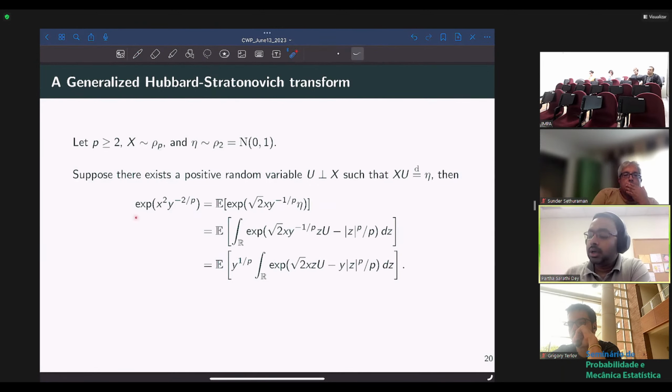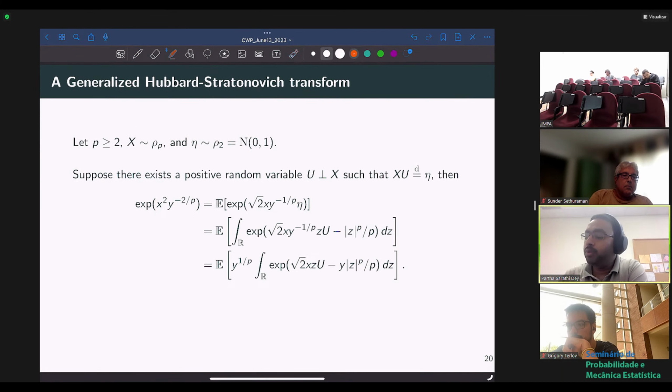So how do I simplify this? Here we are trying to linearize this quantity, e to the power x squared over y to the power 2 over p. So let's try to use the standard Hubbard-Stratonovich transform. We can look at the square root, put a Gaussian, and put a square root of 2. So this is the usual Hubbard-Stratonovich transform.